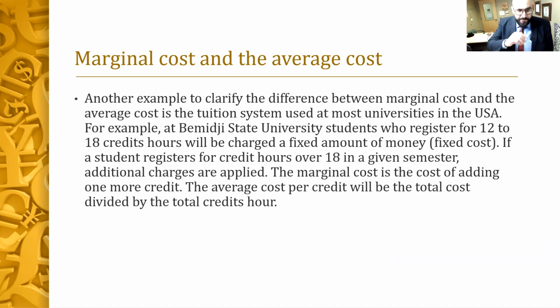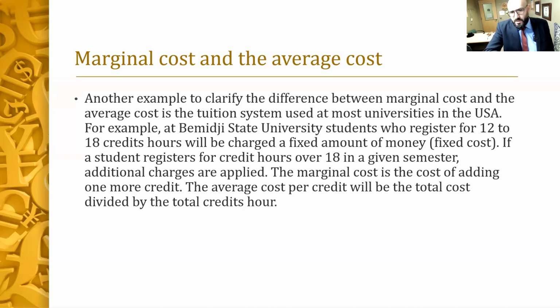Another example to clarify the difference between marginal cost and average cost is the tuition system used in most universities in the USA. For example, a Bemidji State University student who registers for 12 to 18 credits will be charged a fixed amount of money. That's a fixed cost. If a student registers for credit hours over 18 in a given semester, additional charges will be applied.